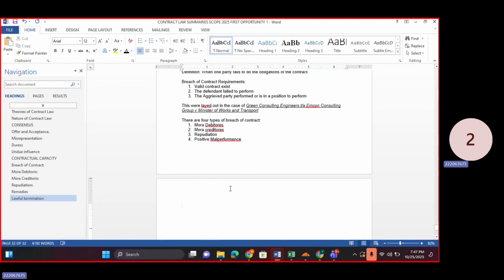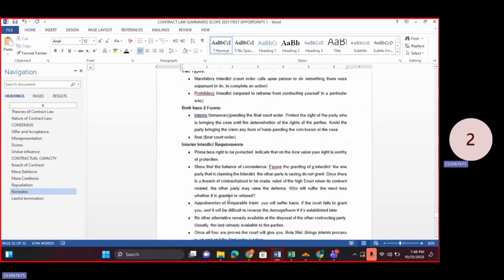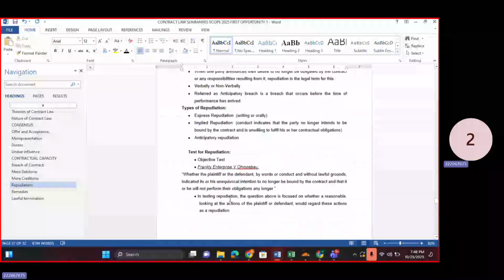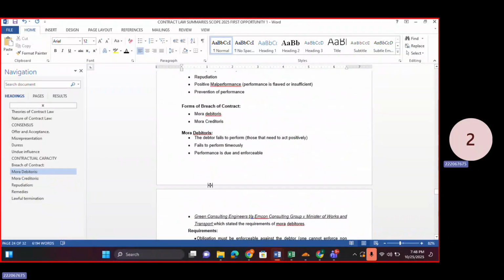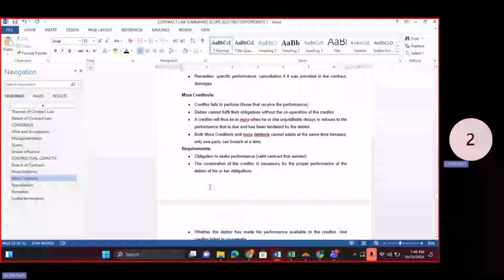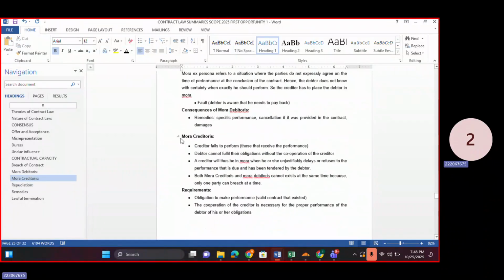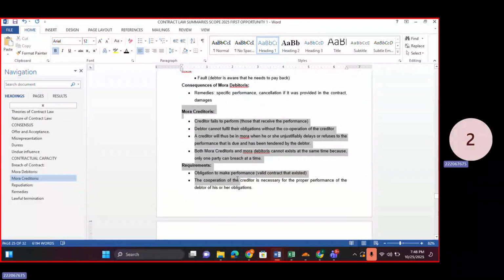So I'm going to discuss mora creditoris in detail, where I talk about all the things that we have said. It's when the receiving person, the creditor, is the one that fails to perform. The debtor cannot fulfill the obligations without the cooperation of the creditor.